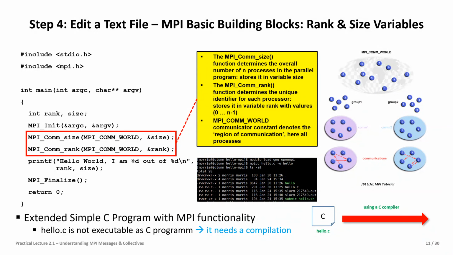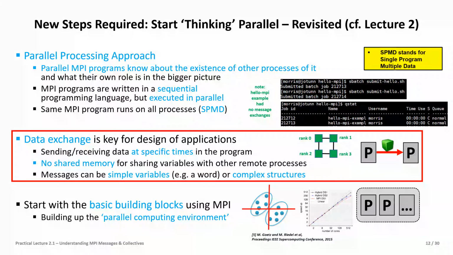So what we miss here with the Hello MPI is the message exchange. You would use MPI for message passing. That's why MPI stands for Message Passing Interface. Now, at the moment, we have not sent any message. We just wanted to understand that we have this rank information, which is very unique and very important.